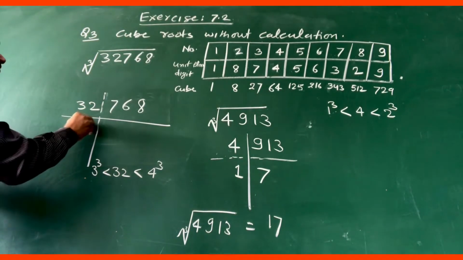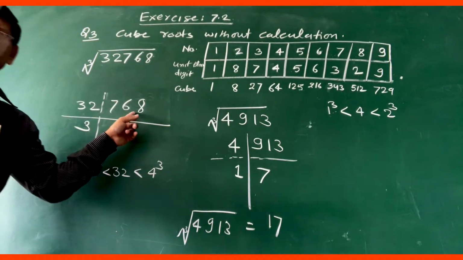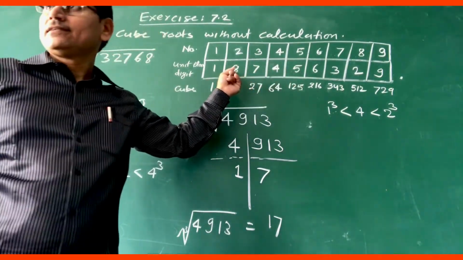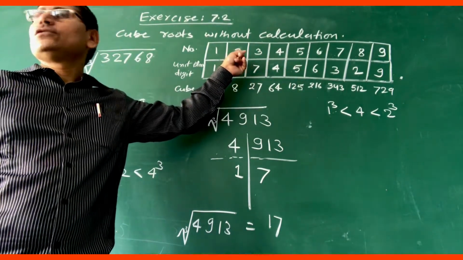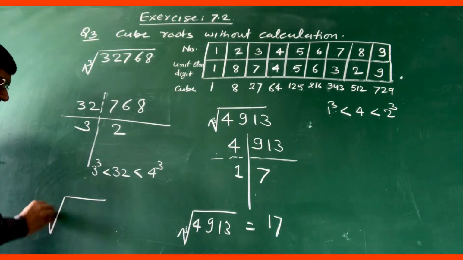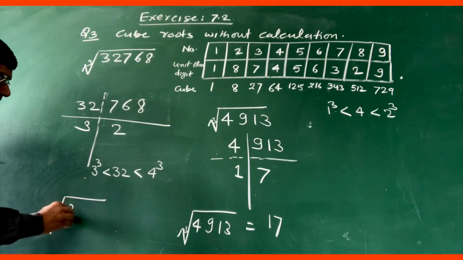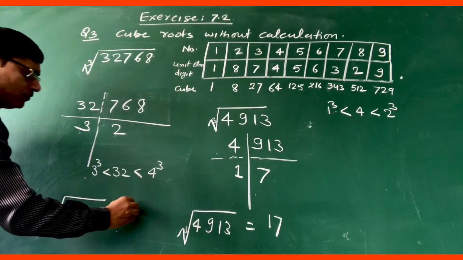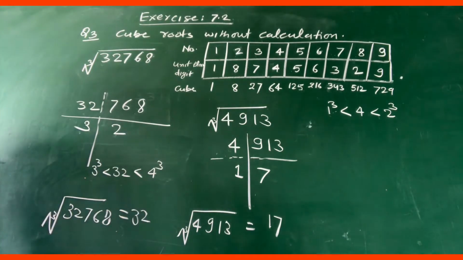You will write here 3, and the ones place digit is 8. So see here, where is 8? 2. It should be 2. You will write here 2. Means the cube root of this large number, 32768, is 32. Yes, this is the answer of this question.